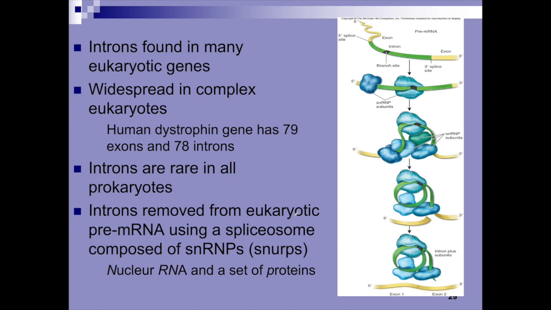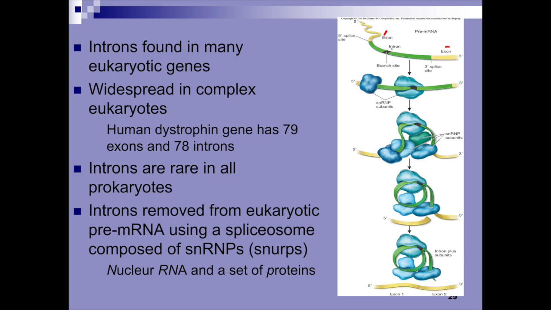So let's take a look at a spliceosome. So we have lots of introns found in our genes. Prokaryotic cells do not have introns. They're extremely rare. Whereas in eukaryotic genes, we have lots of them. So here we have an exon in yellow, another exon over here in yellow, but this green area in the middle is an intron.